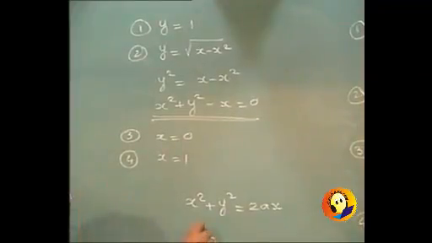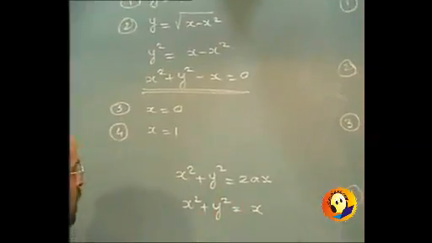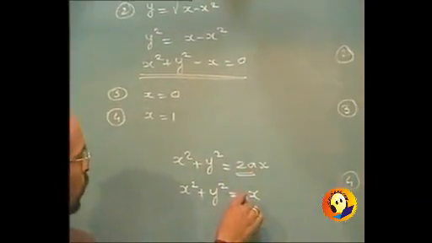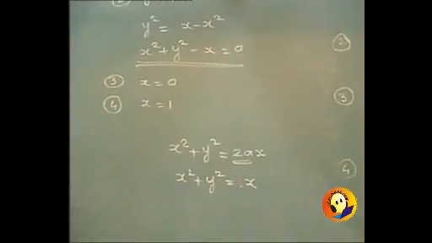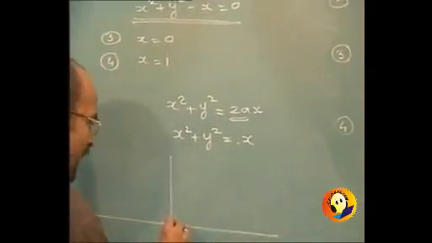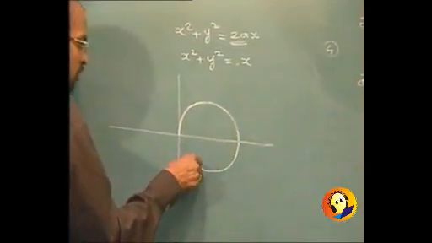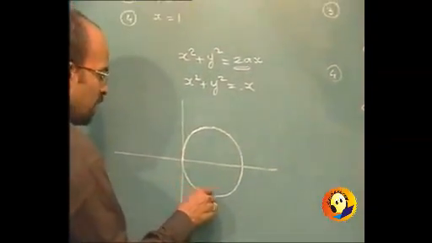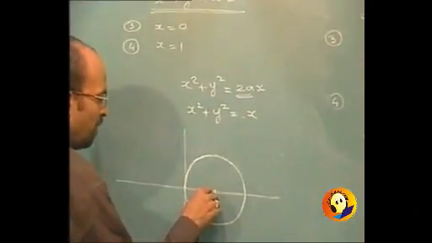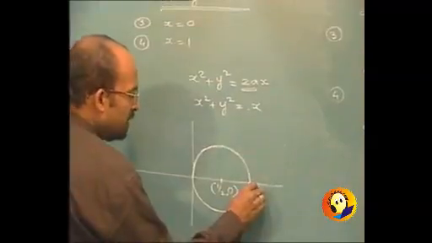Comparing it, it will be x square plus y square equal to x, and so 2a will correspond to 1 over here, and ultimately it is going to be a circle which is touching y axis, a circle which is going to touch y axis, and its center is half comma 0. Its diameter is 1.